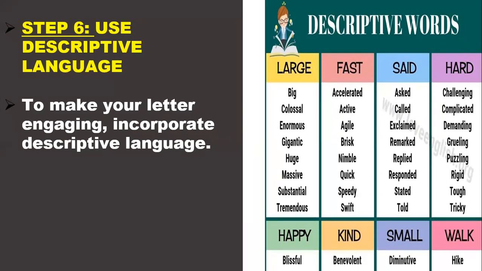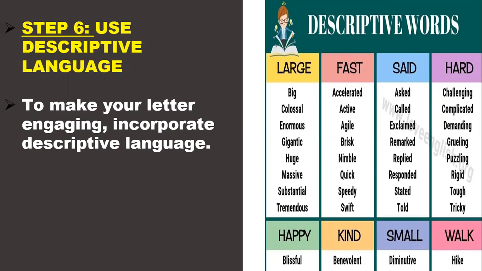For example, the word large can be used when describing things. You need to know where to use large or big or colossal or enormous or gigantic, huge, massive, substantial, or tremendous.